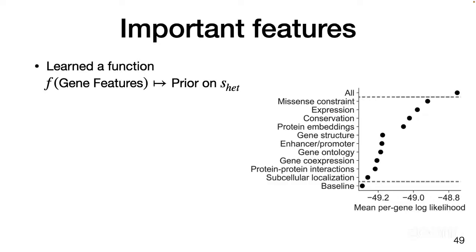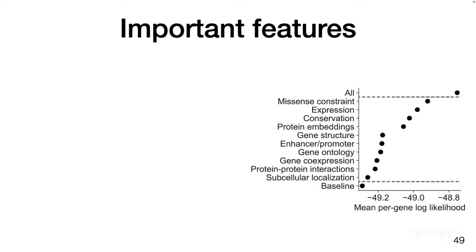Yeah. So we used a bunch of features. Some of them are kind of cheating. One thing that we find matters a lot is how constrained missense variants are. We're looking at loss of function variants, so genes where the missense variants also look constrained are constrained. I don't think that's a very biologically interesting answer, but there are some interesting ones. Expression explains a lot, and protein embeddings and gene structure.